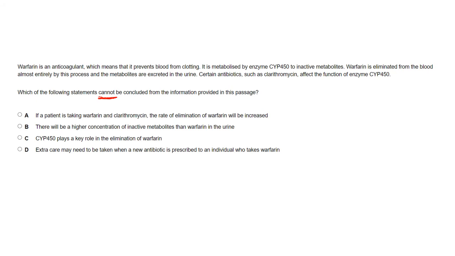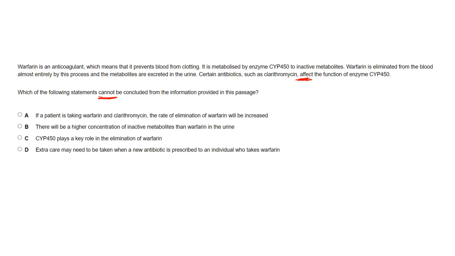However, the word we have here is affect. Okay, clarithromycin affects the function of enzyme cytochrome P450, but that doesn't necessarily mean it makes it worse. There are lots of activating substances in biology which increase the activities of enzymes and things.